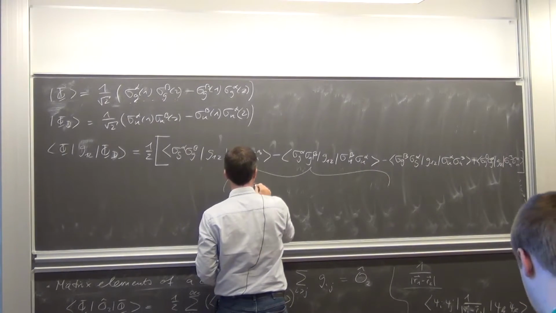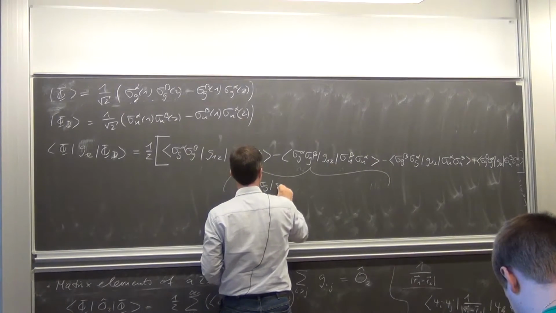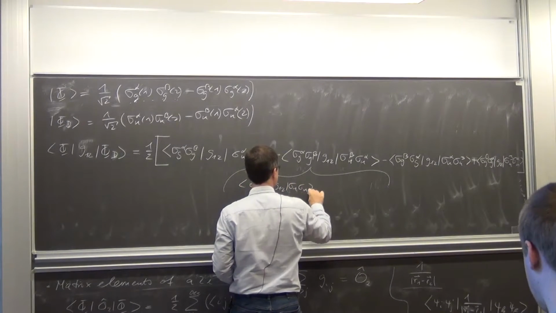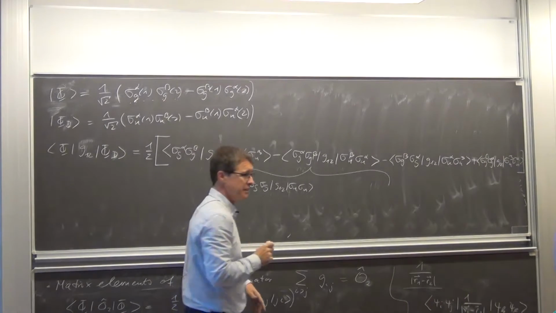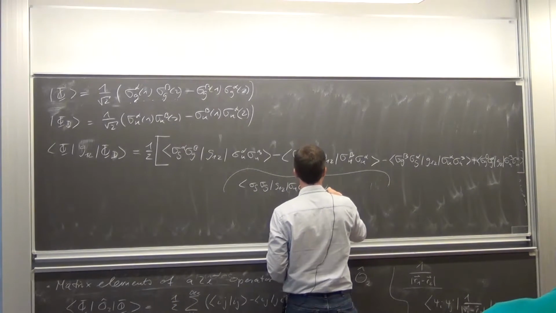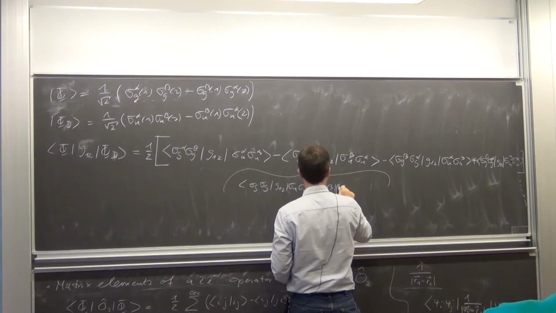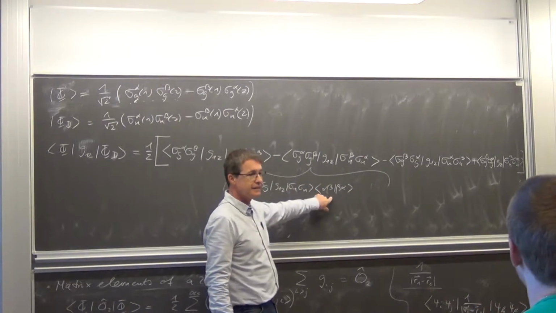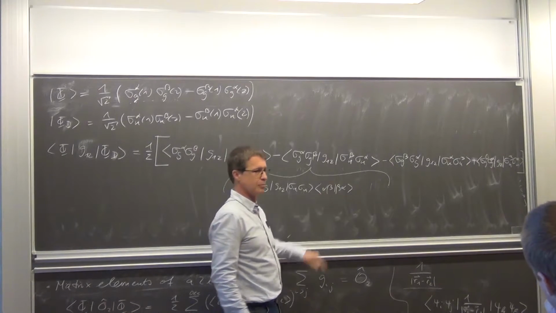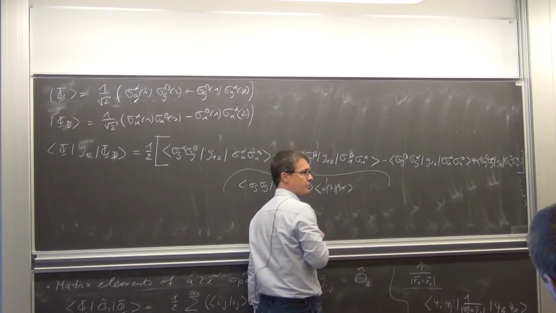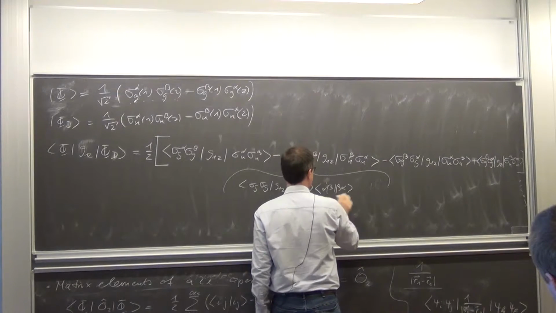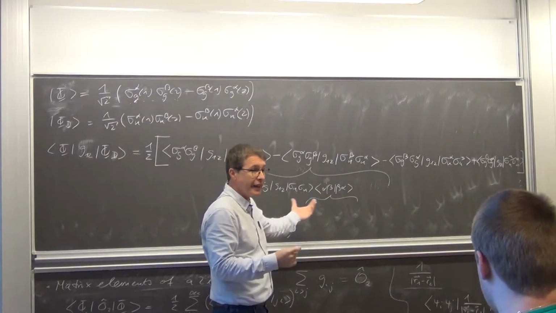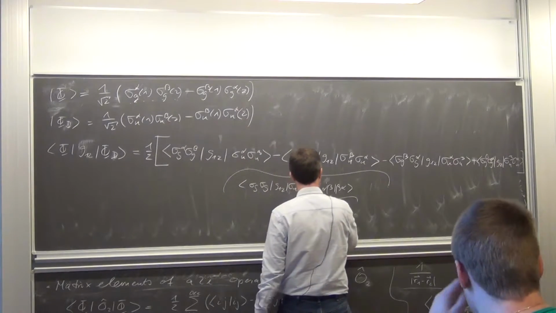So I have sigma g, G12, sigma u. That's the spatial integral. And then I get a spin integral, which is alpha, beta, beta, alpha. This is 0.